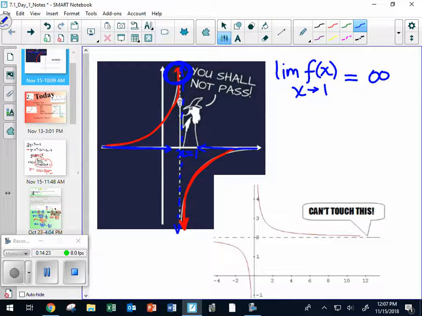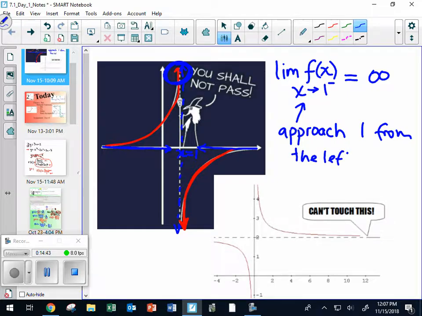If it is approaching from the left side, then we have to put a small minus sign above the 1, because this tells us that our x value is going to approach 1 from the left side. And if it approaches 1 from the left side, then our y value will go up to infinity.